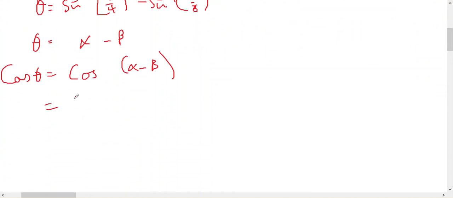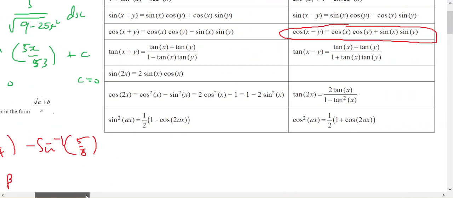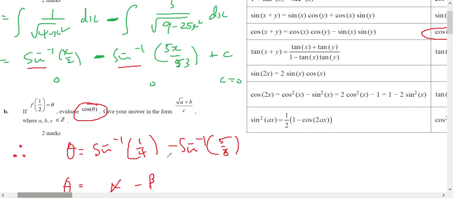So it's going to equal cos of alpha cos of beta plus sine of alpha sine of beta.